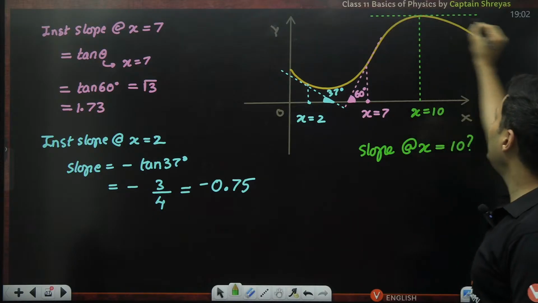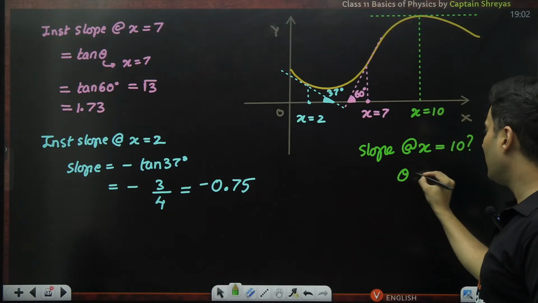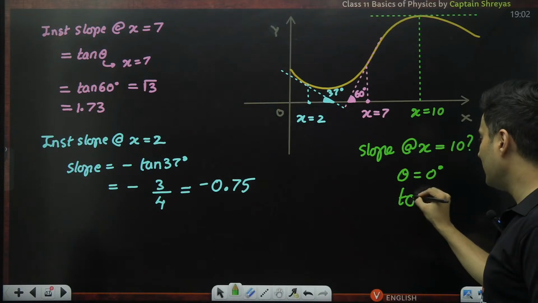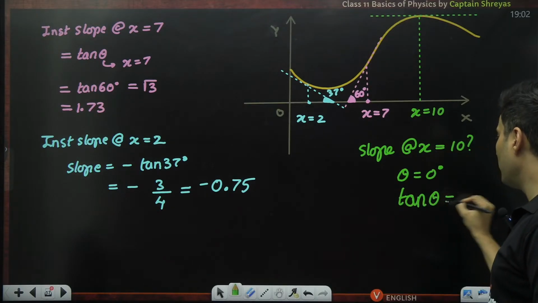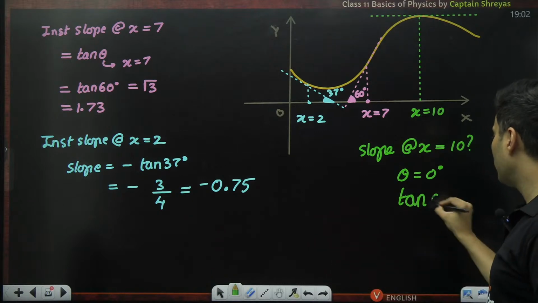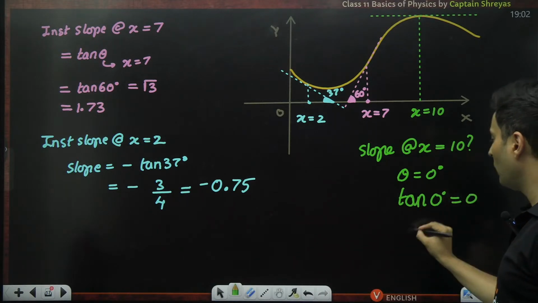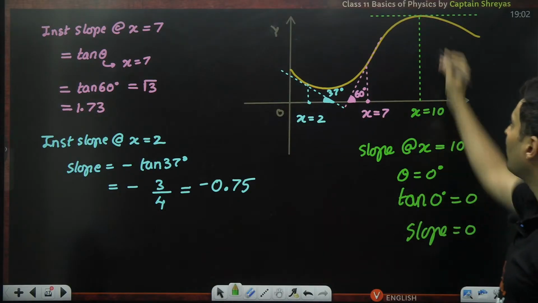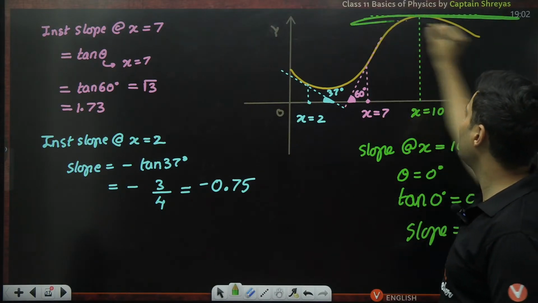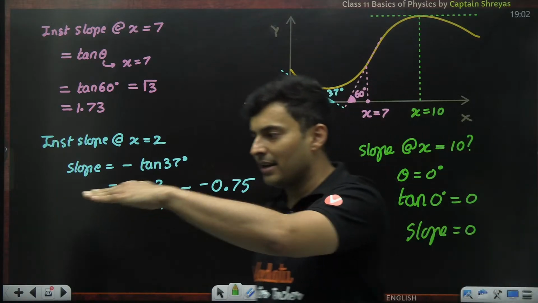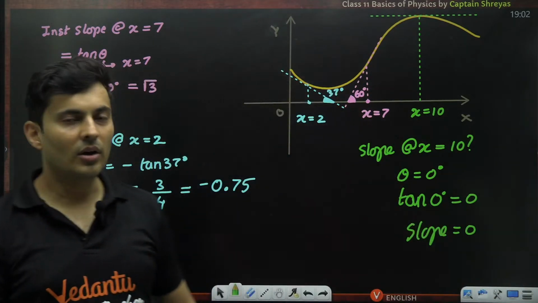If you draw the tangent, it is parallel. So theta is basically 0. So tan theta will also be 0, because tan of 0 degrees is basically 0. So hence the slope will also be 0. At this particular point, if you draw the tangent, it is not meeting the x-axis, it is making 0 angle with the horizontal.